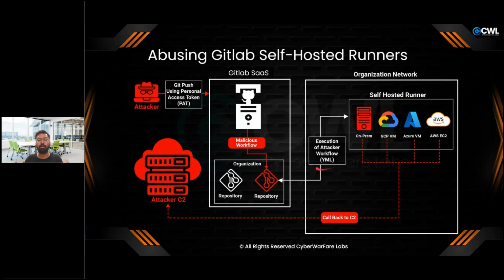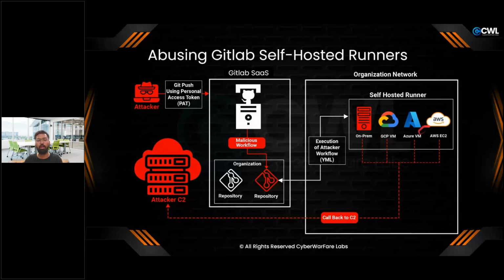They will be creating, let's say, a backdoored YML file which contains malicious code that provides a shell back, or executes something malicious on the self-hosted runner. These self-hosted runners are the servers where the code is compiled or executed.